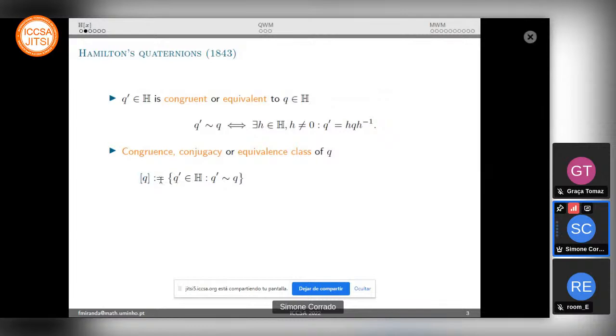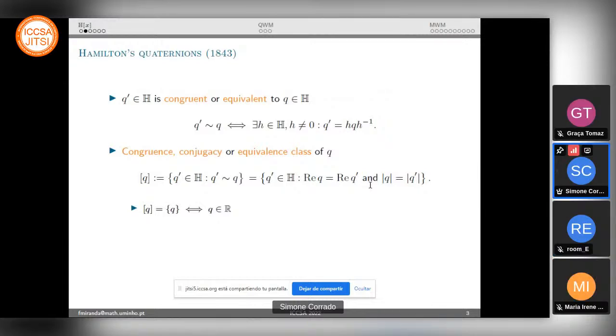So all the elements of this class, or the similar elements, are all the elements that have the same real part of q and the same norm of q. If q is a real quaternion, then the conjugacy class is singular, with q being the only element in the set.